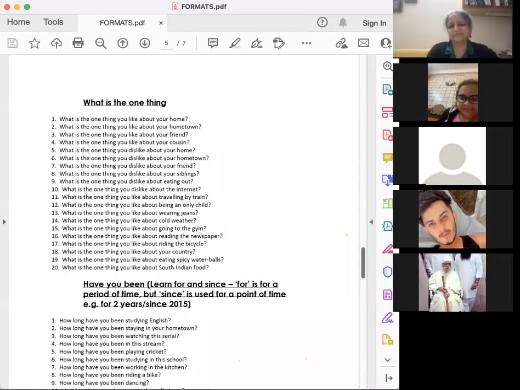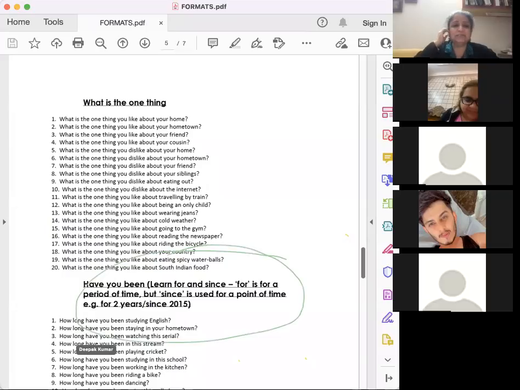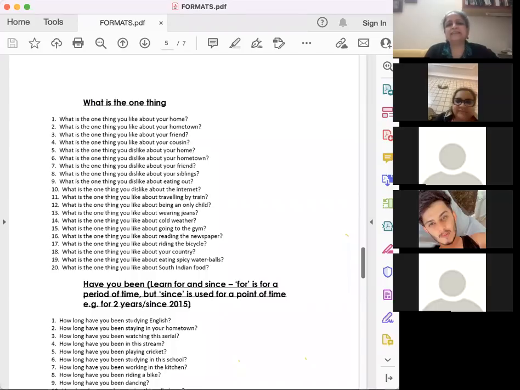The one thing I dislike about the internet is fake news. News. Okay, what is the one thing you dislike about the internet? You can say the one thing I dislike about the internet is the information overload. Okay, you are searching for something and too many sites open up and you are confused.